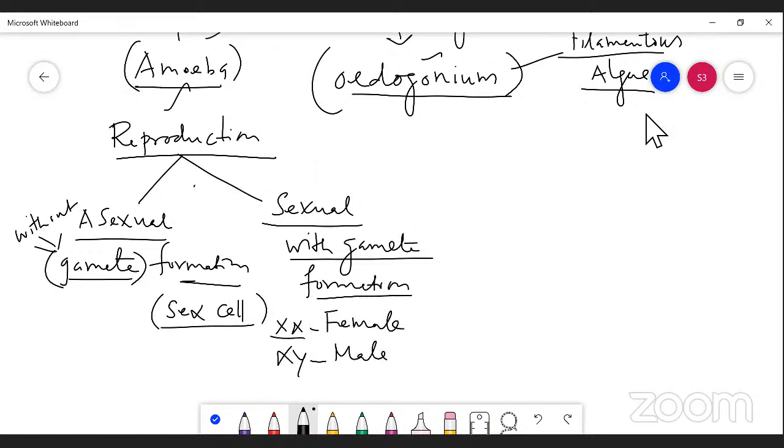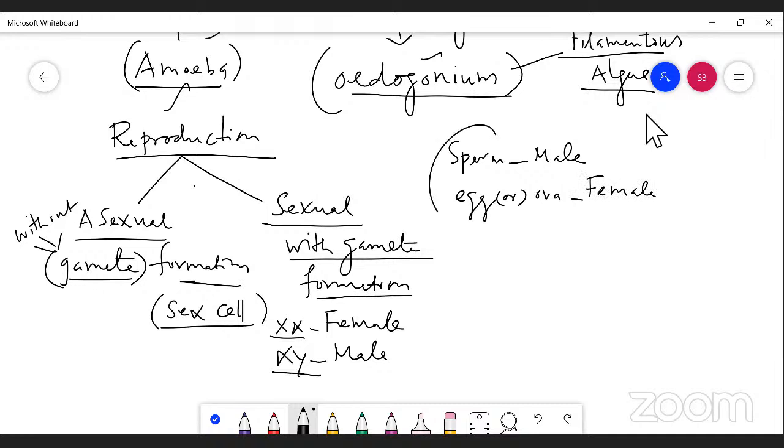The sex cells are the sperm, male, and the egg or ovum, female. Fusion of the gametes is called sexual reproduction.